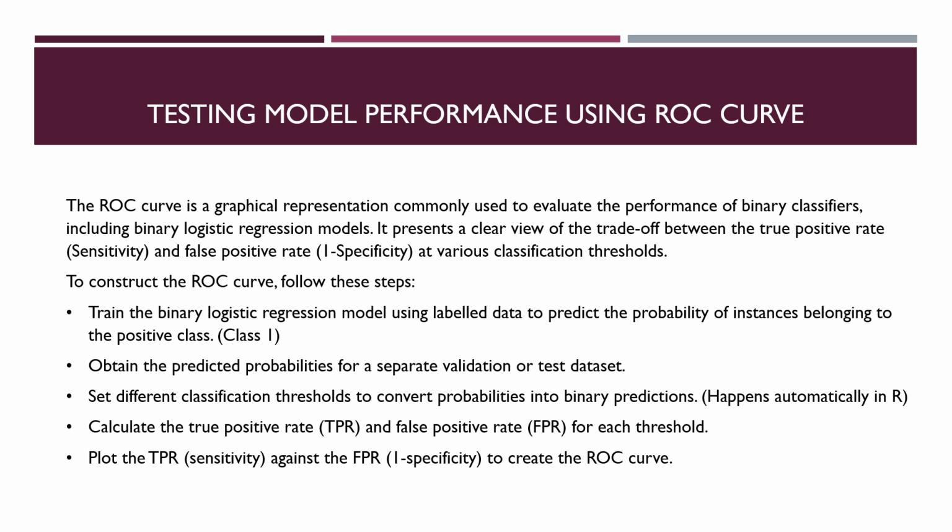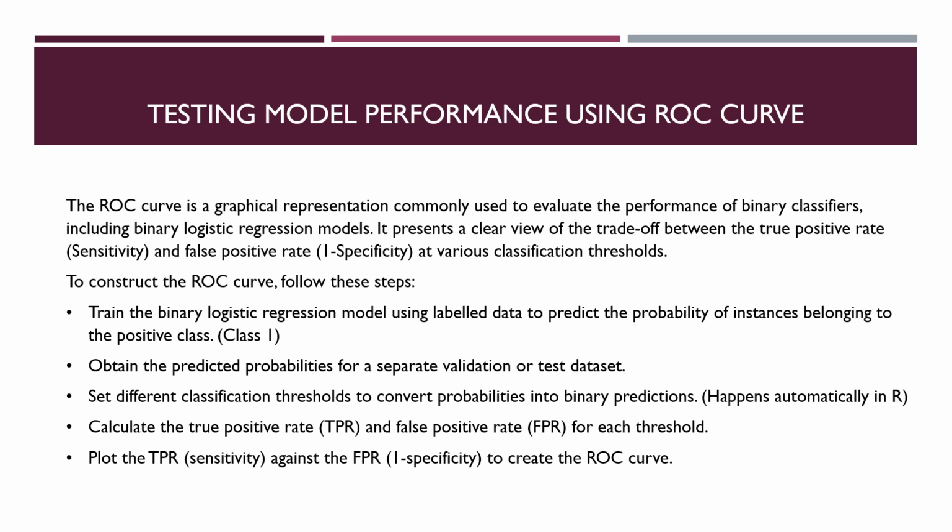The ROC curve is a graphical representation commonly used to evaluate the performance of binary classifiers using binary logistic regression models. It presents a clear view of the trade-off between the true positive rate, that is nothing but sensitivity, and false positive rate, which is 1 minus specificity, at various classification thresholds.